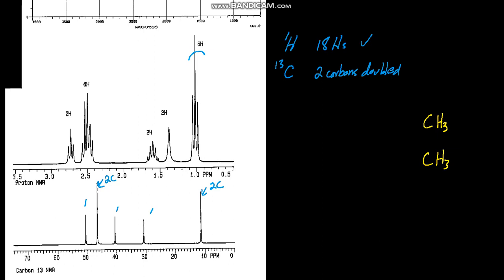If these two are connected to the same carbon again, and that carbon's connected to something else, another carbon, then there's only one hydrogen there to split these, and there's no way that these can be a triplet. If you put another hydrogen here, they would be a triplet, but then you've just made propane, separate molecule, and you're done. So it's not that.